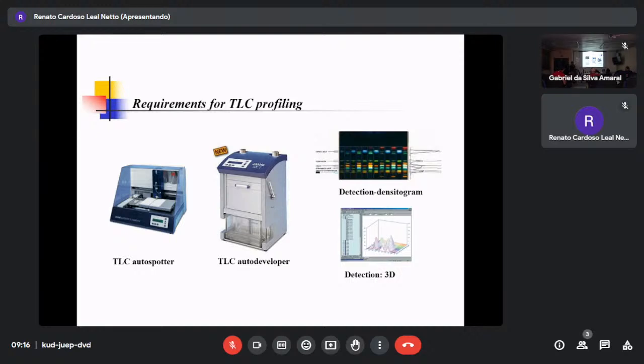The TLC bands look like this. Close to the edge, the retention time is bigger. So to avoid this, you have to keep some distance from the edge. The second one is alignment.